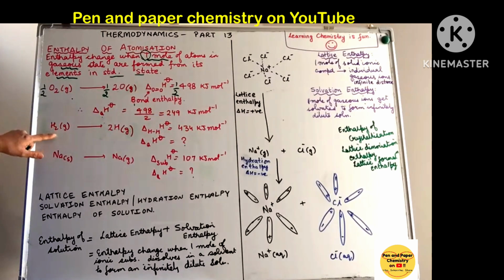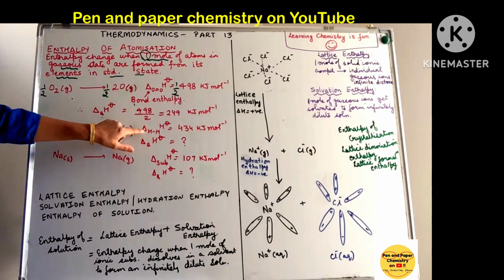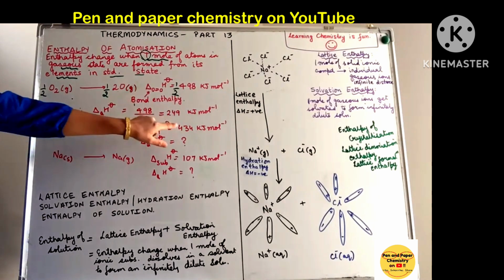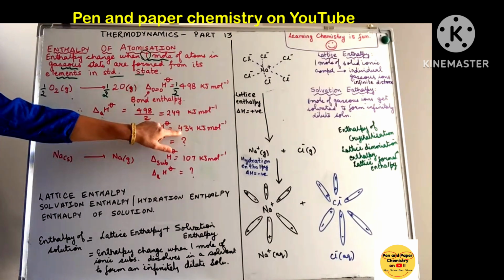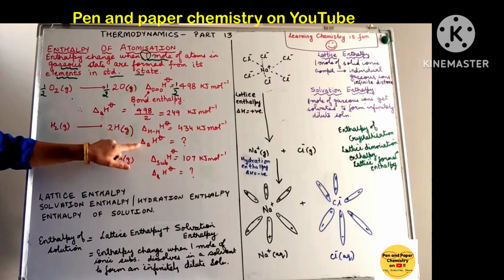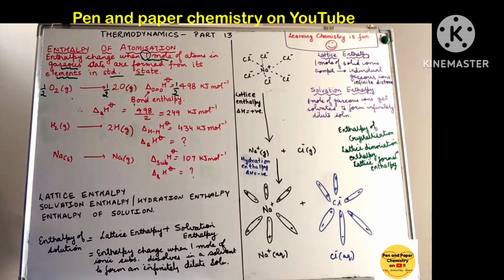Working on the same lines, can you calculate the enthalpy of atomization of hydrogen? See, it is again a diatomic molecule. The standard molar bond enthalpy of hydrogen is given as 434 kilojoule per mole. So what will be the enthalpy of atomization of hydrogen?